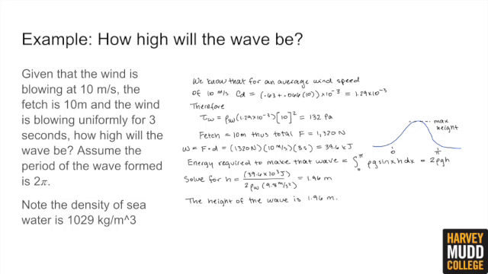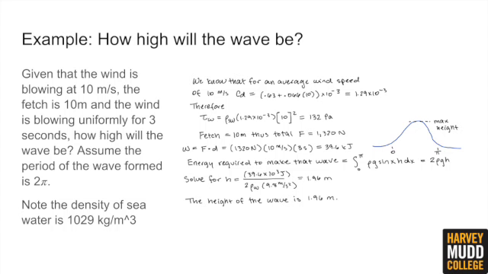So we have force times distance, which is just going to be the force that we calculated on the previous line. And then we will find the distance by incorporating how fast the wind is blowing for how long. And so putting all that together, we have a total energy of 39.6 kilojoules.